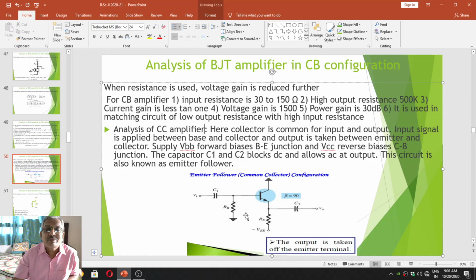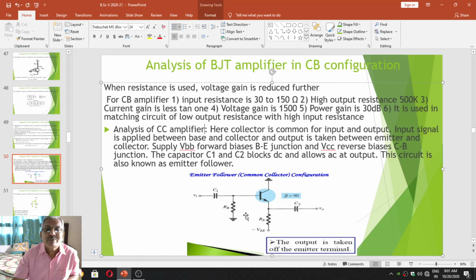That provides a fixed amount of base current to flow through the base of transistor Q, which will adjust the operating point in the active region. Here emitter resistance RE is used as a load resistance across which we are going to take the output. So this forms the common collector configuration as an amplifier.